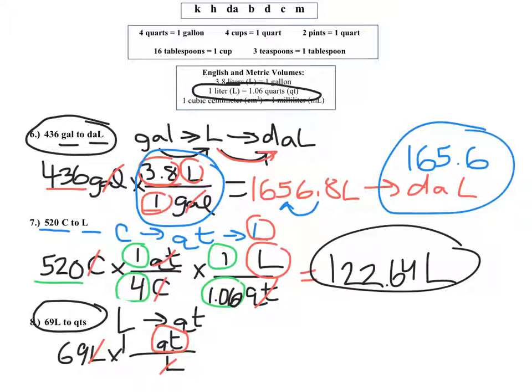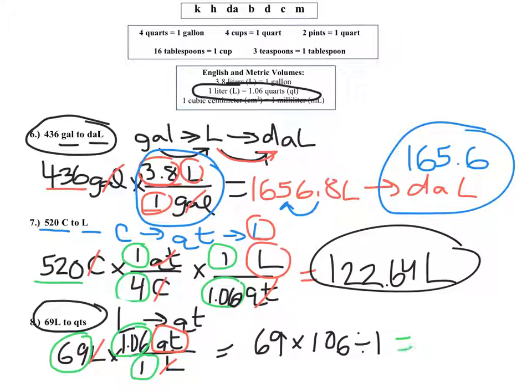It looks like there's 1.06 quarts for every 1 liter. So that means I'm going to end up doing 69 times 1.06 divided by 1. And again, the reason for that is you always take your number, multiply by the top, divide by the bottom. What do we end up getting for an answer for that one?